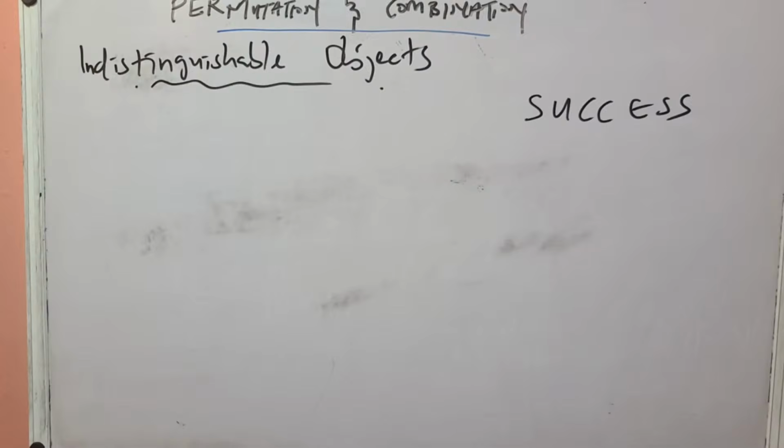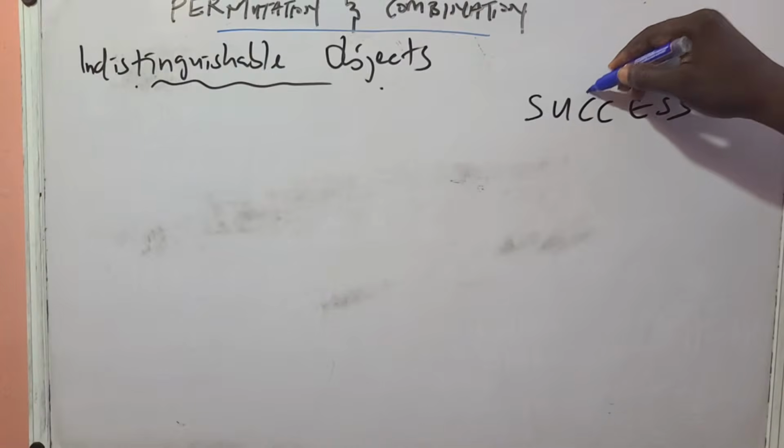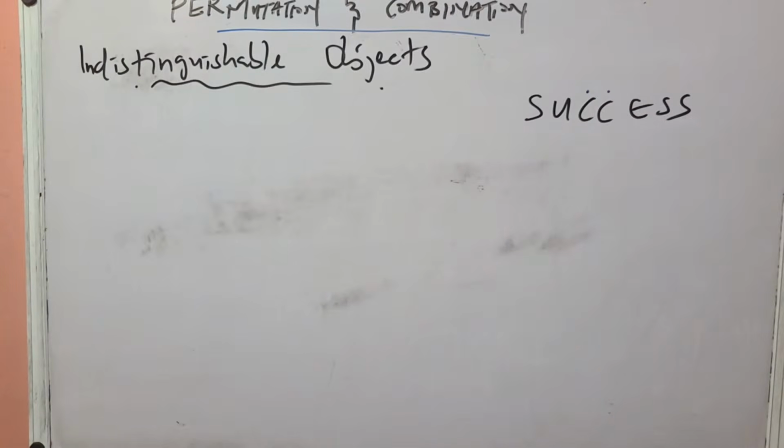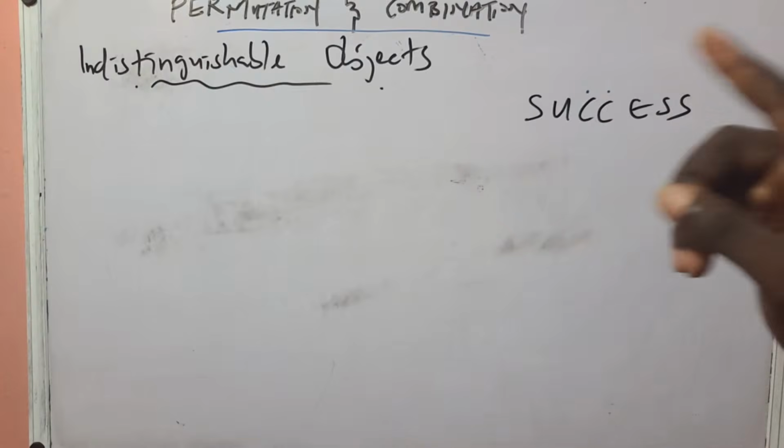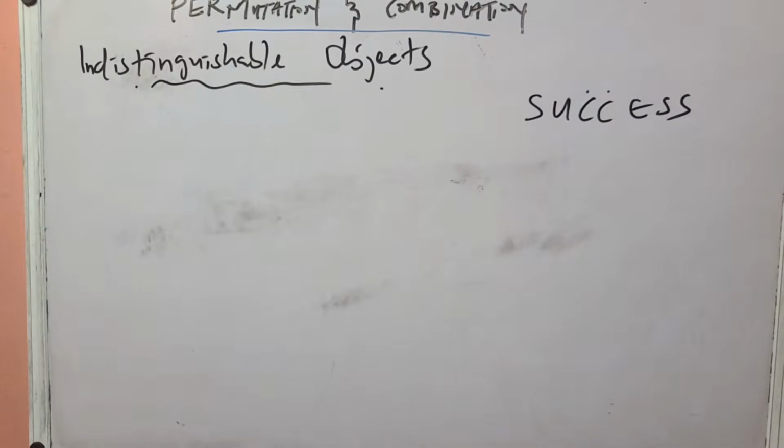But are they really different? Let's look at something going on here. If you look at these objects we're seeing right here, these two C's, they are the same thing. So obviously, this is a very clear example of what we say indistinguishable. That means they are not distinct. Let's say I wanted to permutate this.